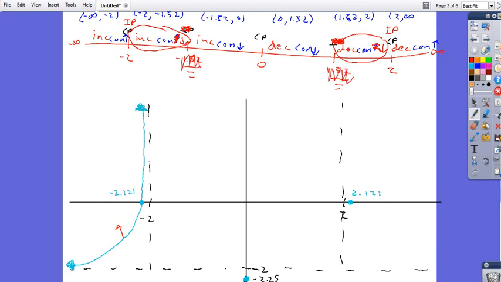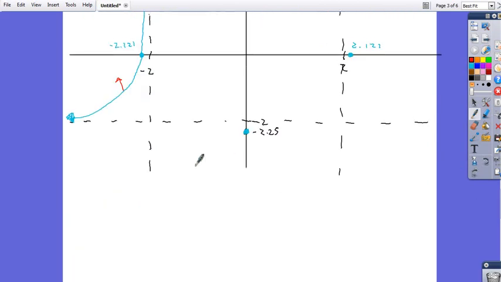But anyway, at any rate, all right, from -2 to 0, we're increasing concave down. And the only way to fit in there is to go like so. Okay, notice concave down, increasing from left to right. And then we're decreasing concave down. Oh, sorry. Alright, so notice concave down, decreasing from left to right.